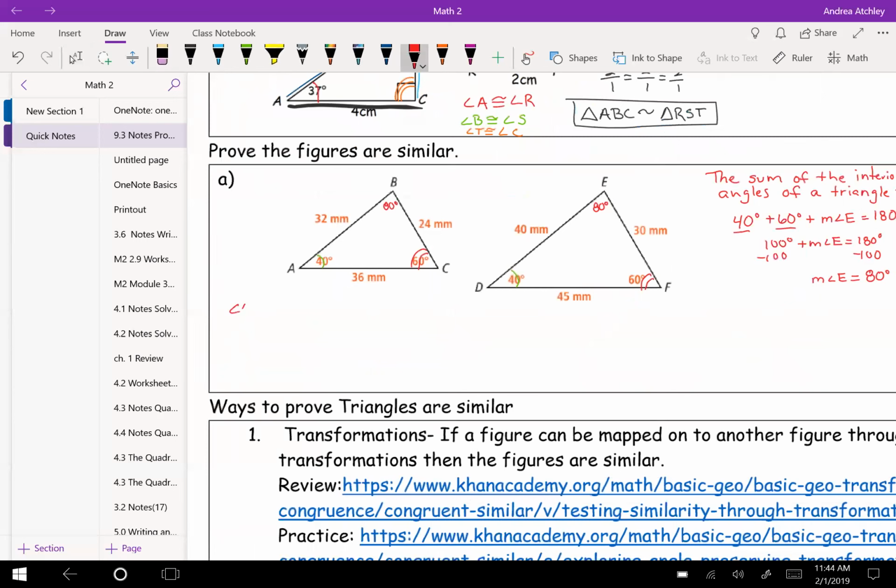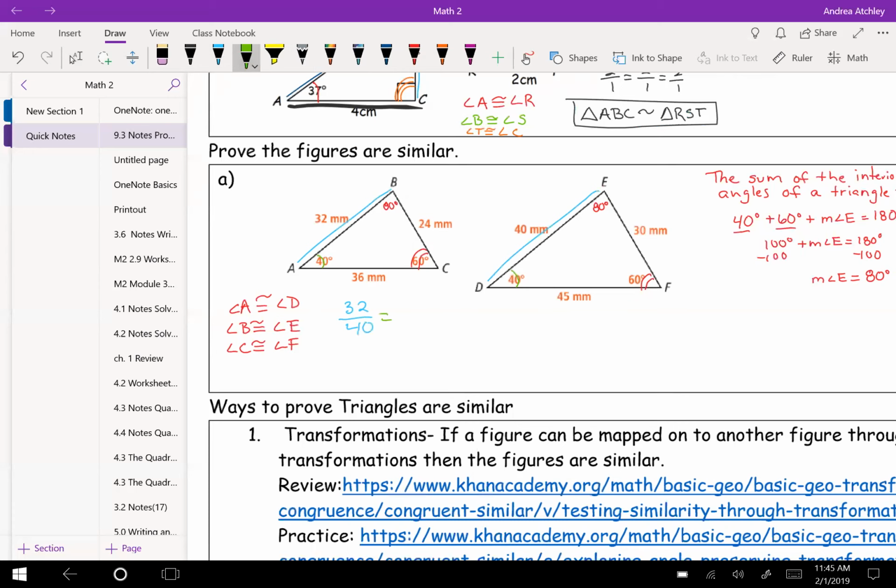Angle A is congruent to angle D. Angle B is congruent to angle E. And angle C is congruent to angle F. Now let's see if the sides are proportional. So we have 32 over 40.